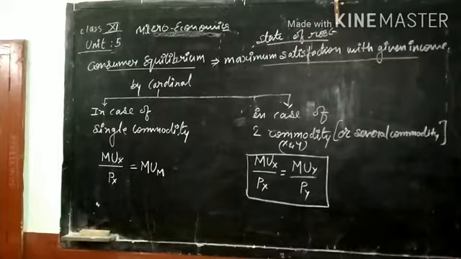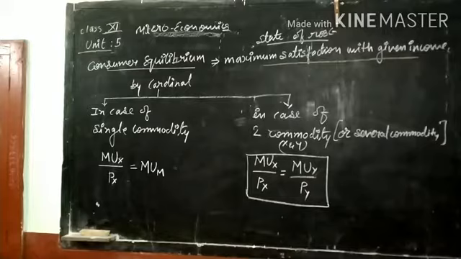So we assume that marginal utility of money is equal to price, because price is that amount which a consumer is ready to pay to purchase any kind of commodity. Whatever amount a consumer is willing to pay is called price. And marginal utility of money is the same.